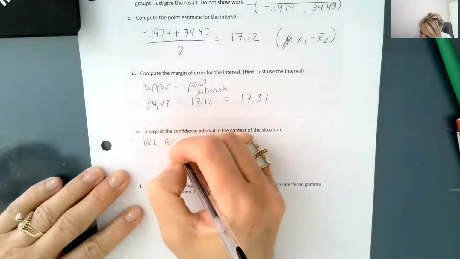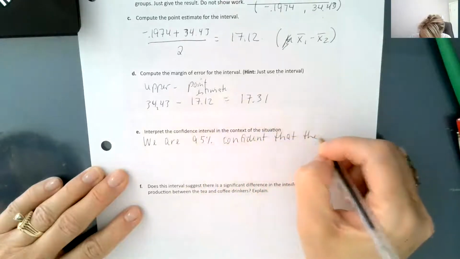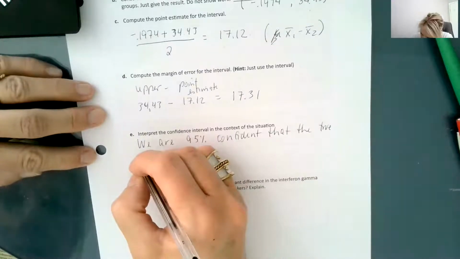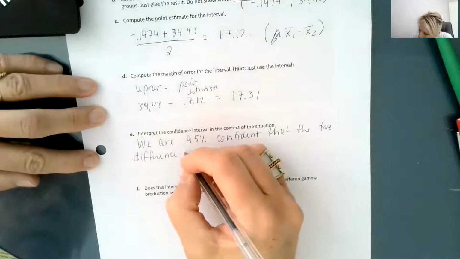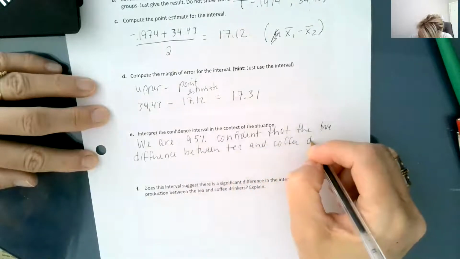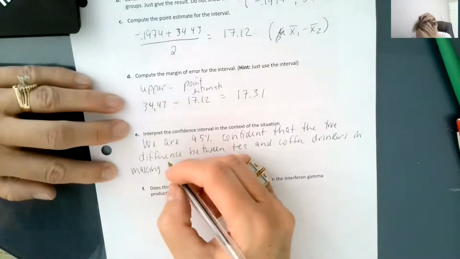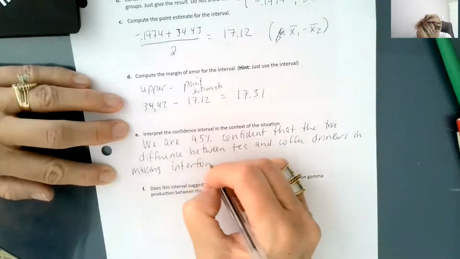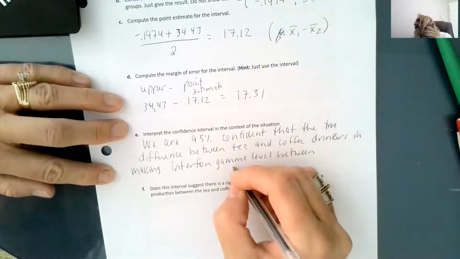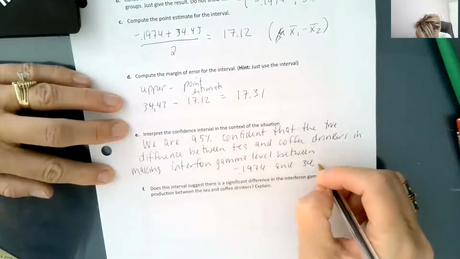So we are 95% confident that the true difference between tea and coffee drinkers in making interferon gamma level is between a negative 0.1974 and 34.43.